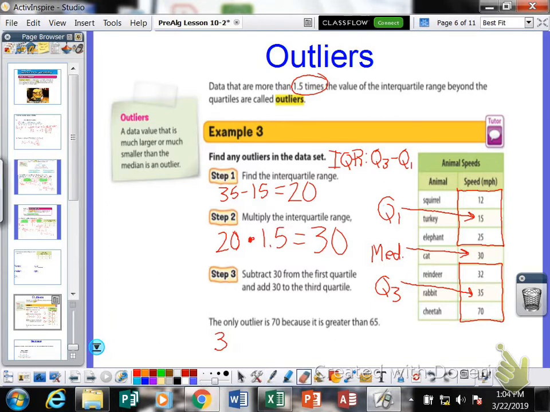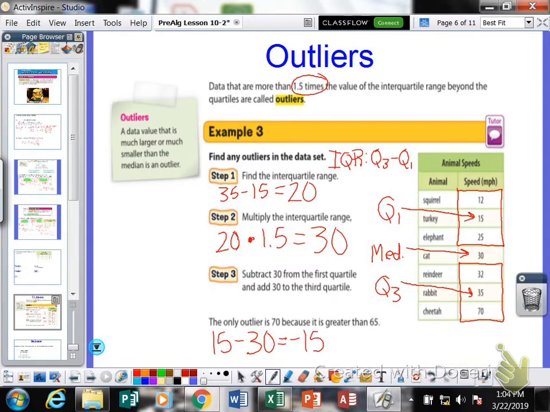Okay, I'm getting all screwed up here. So we want to subtract 30 from the first quartile. So my first quartile is 15. And we just found that it was 30. That's going to give me negative 15.